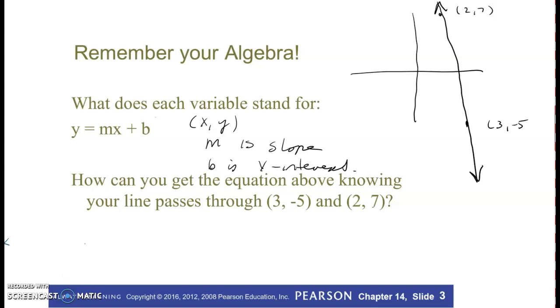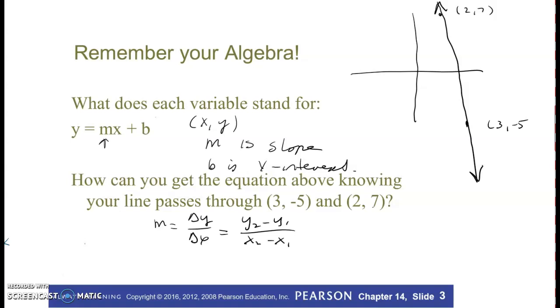So let's see if we can remember how to come up with that equation. To get your equation, you need your slope. Well, if you have 2 points, remember slope is change in y over change in x. You might remember the equation y sub 2 minus y sub 1 over x sub 2 minus x sub 1.